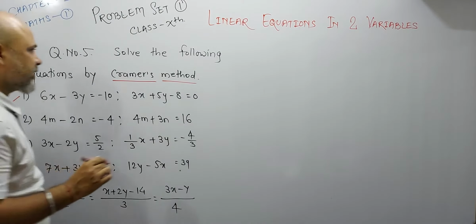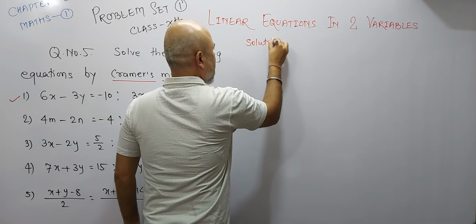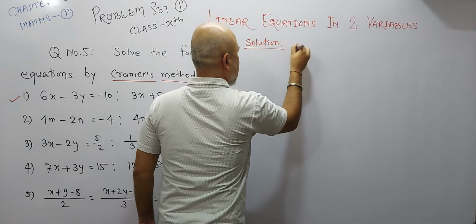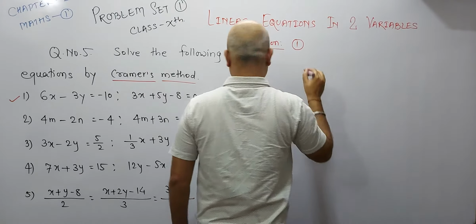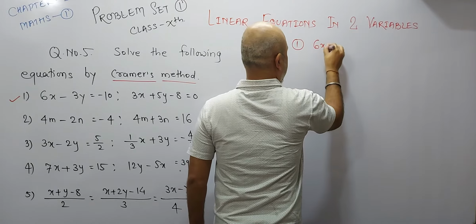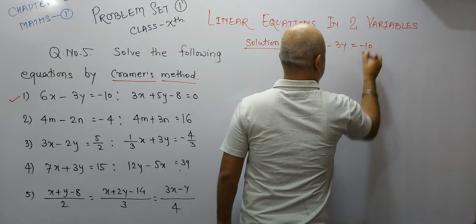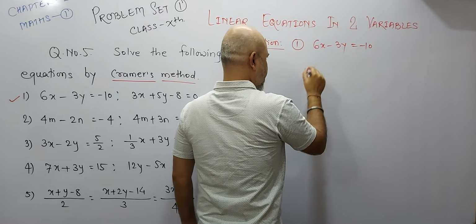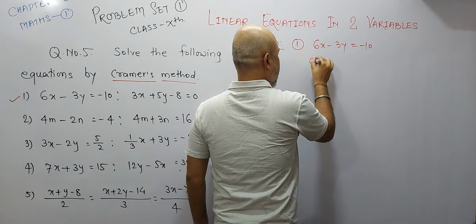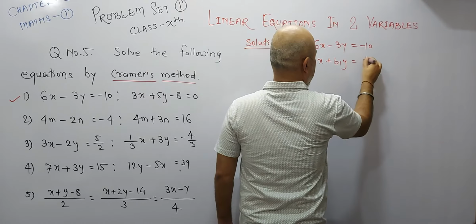Okay, so we'll take the first equation to start the solution. 6x minus 3y is equal to 10, and we will compare this equation with its general form, that is a1x plus b1y is equal to c1.